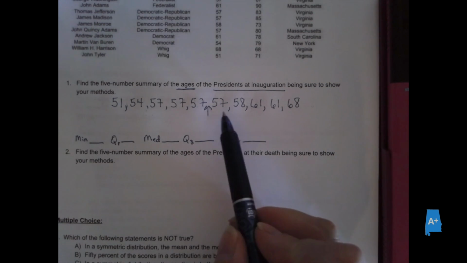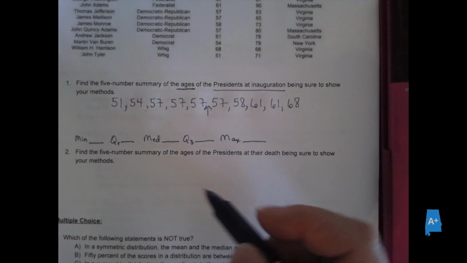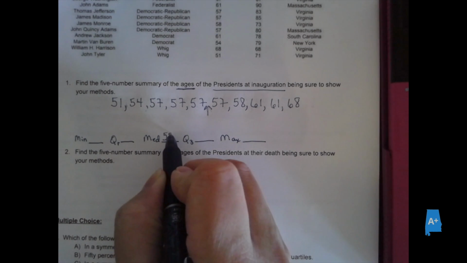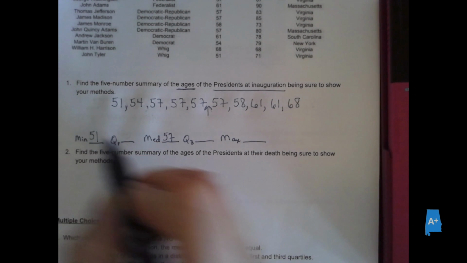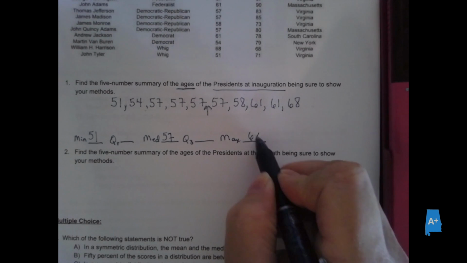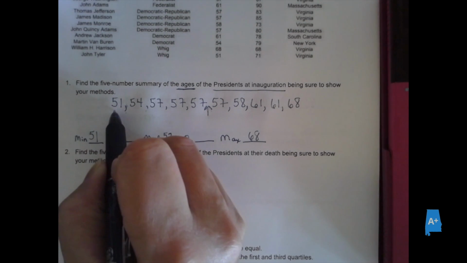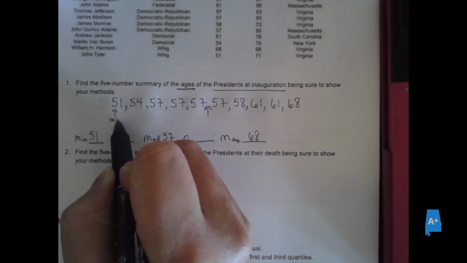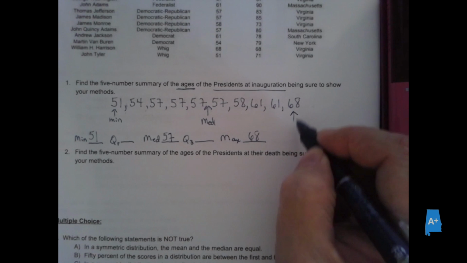And so the only number that can be between 57 and 57, oh my gosh, is 57. So I know that. I know my min is 51. My max is 68. Right? So there's my min. There's my median. There's my max.